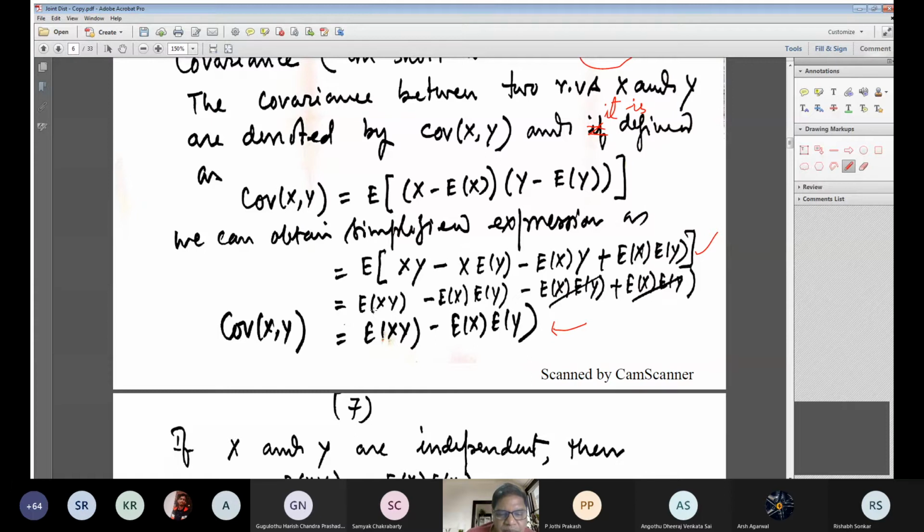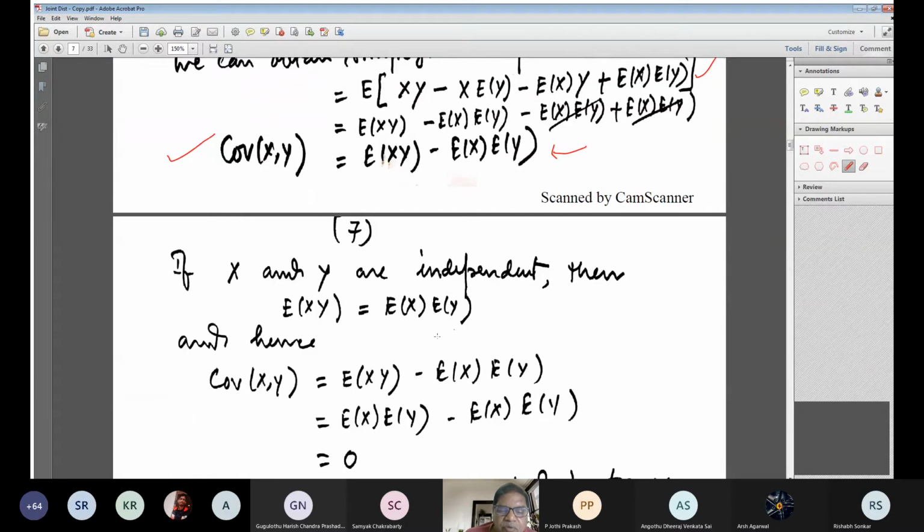One can compute this expression independently, and then the combined expression of covariance xy you will get. Otherwise, one can use this one also, but the calculation is a little more involved. But here you get a very simplified expression.